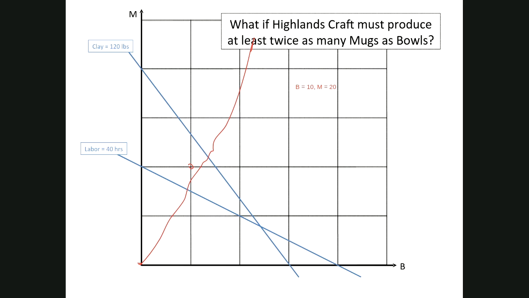Let me try to do that a little bit better, through the origin. Hard to draw a straight line. Anyway, let me try one more time. Let me go this way from this point down.